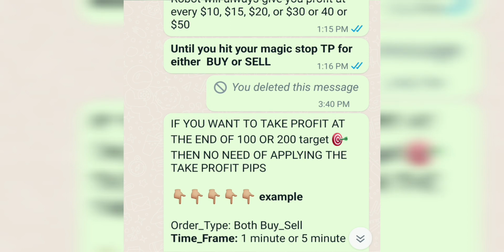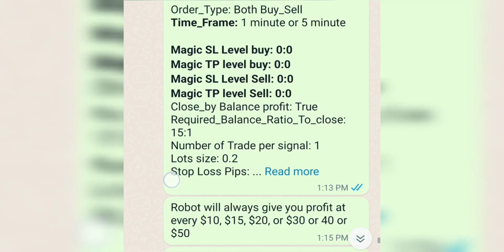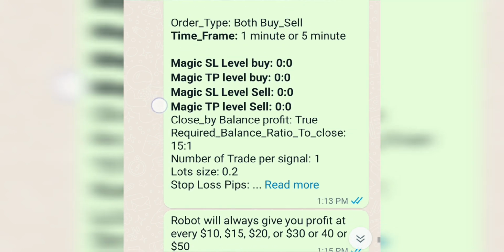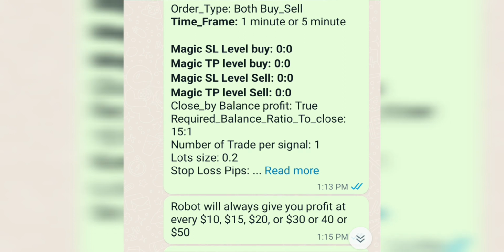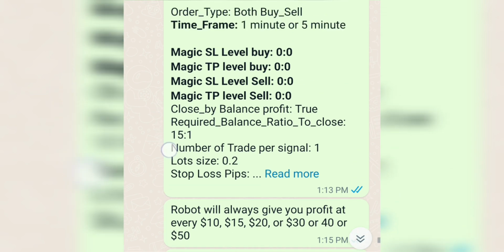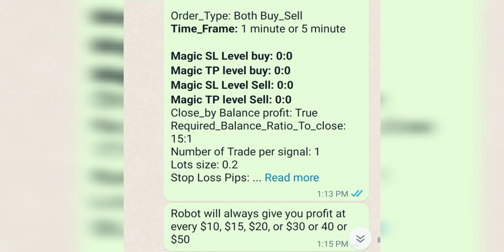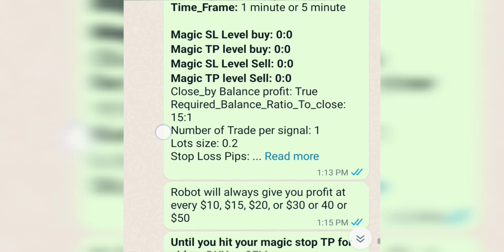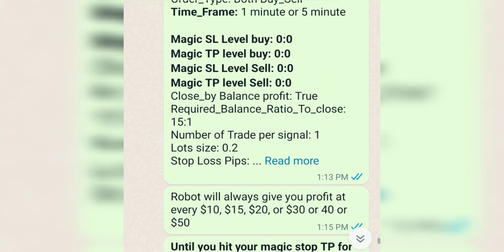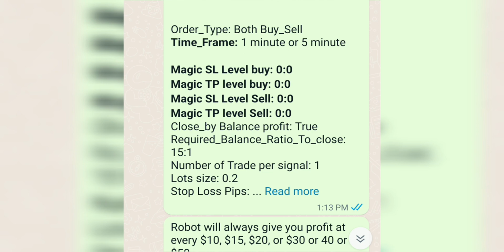Once you have up to $500 to trade with, or $1,000, that is what I'm talking about, the robot will always give you profit at every $10, $5, $15, $20, $30, $40 or $50. It gives you profit after it hits any of these targets, according to what you put in your parameters, the required balance ratio to close.